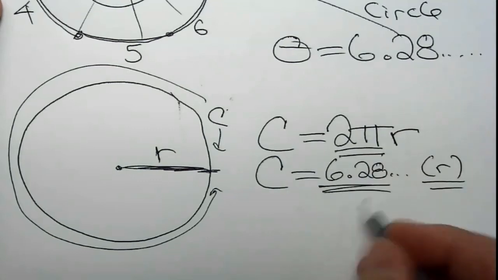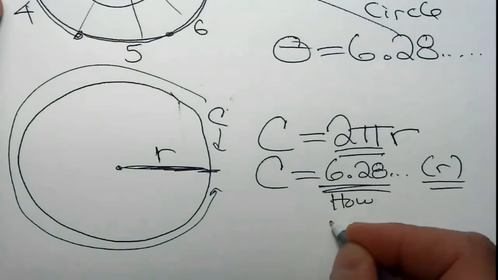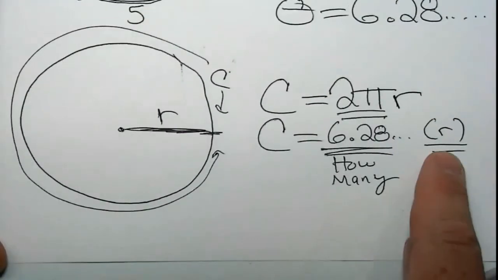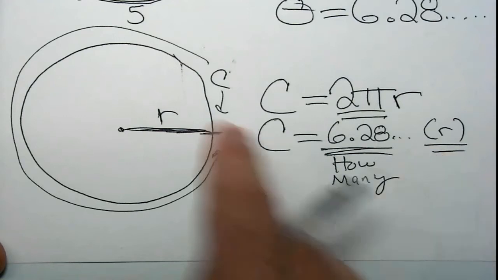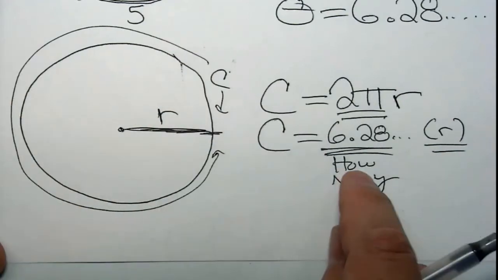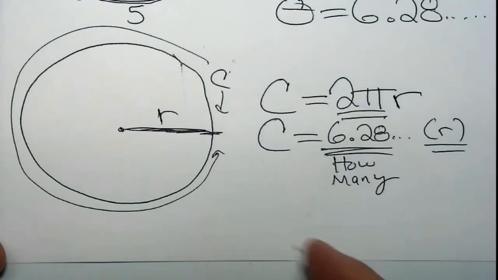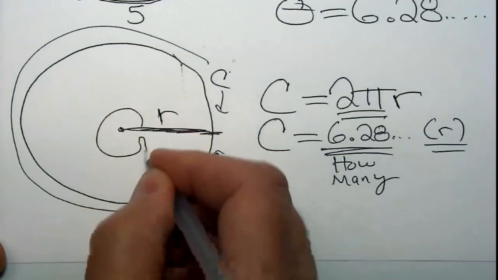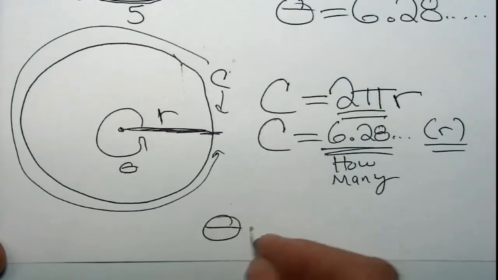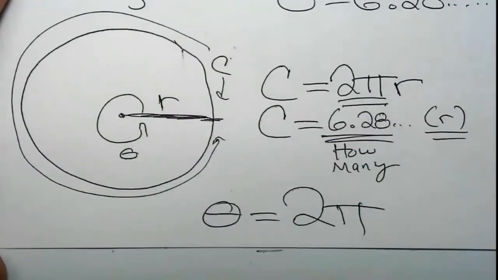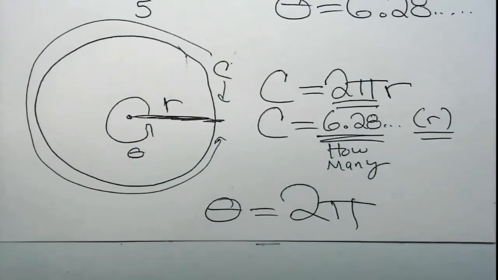So how many radius strings fit on the outside of a circle? 6.28 radius strings. That's how many r's are represented on the outside. But remember, the number of radius strings is a match to the number of radians. So theta for a full circle is exactly 2 pi. And mainly it comes from the formula for circumference. That's where we get that from.